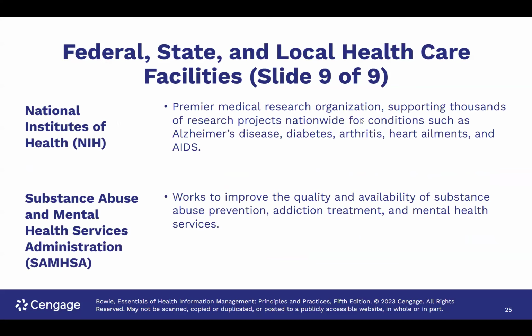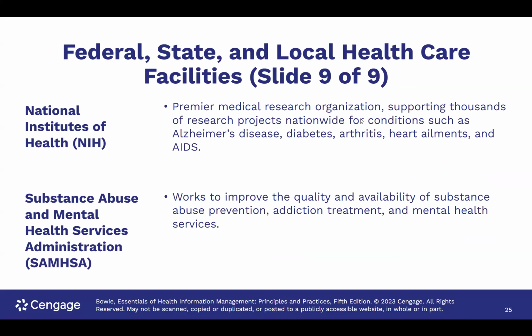Another area that's in the news a lot lately is the NIH. This is, or was, I should say, considered the premier medical research organization. A lot of great research projects for everything from cancer, Alzheimer's, inflammatory bowel disease, joint replacements, you name it, they've done it.